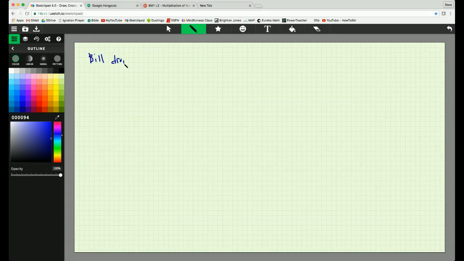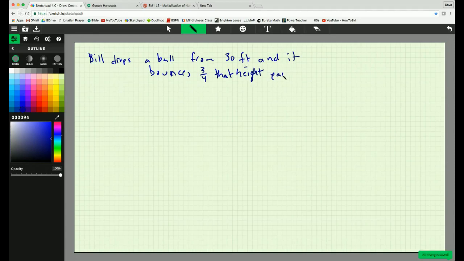So let's say Bill drops a ball from 30 feet, and it bounces 3/4 that height each subsequent bounce.